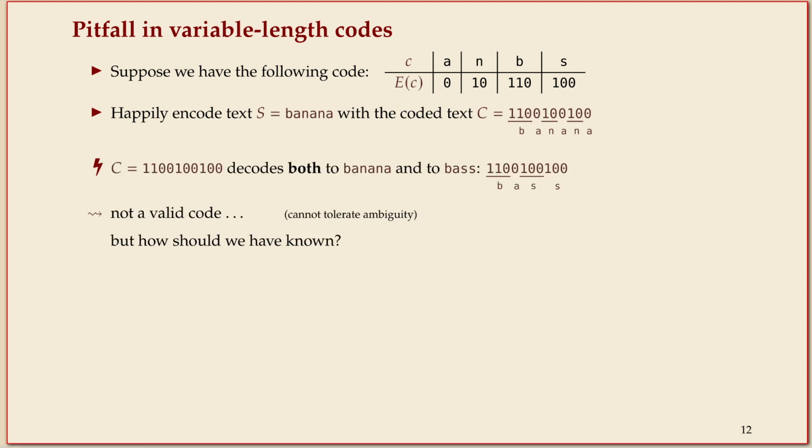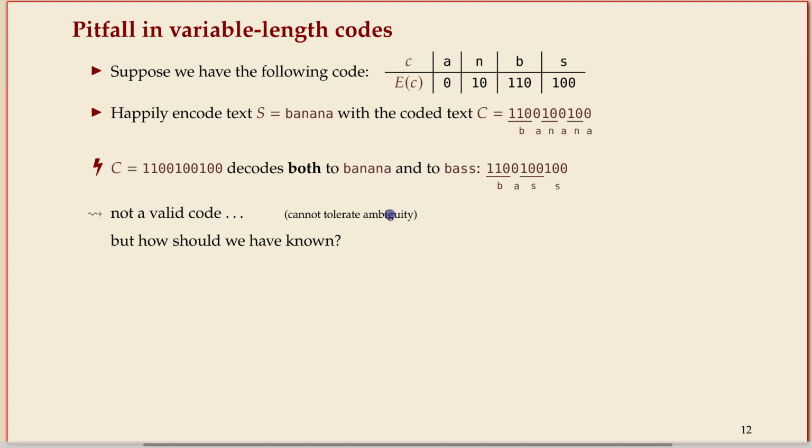But the same coded text can also be decoded to another word, a different source text. And that's equally valid in a sense under this code. And this indicates that the code is fundamentally broken, because it's not unambiguously decodable.